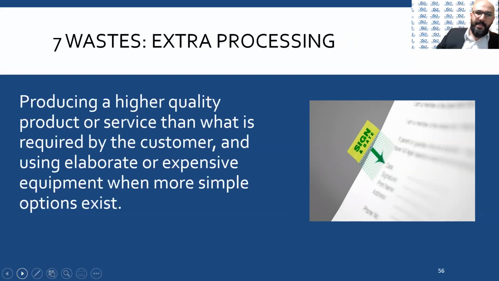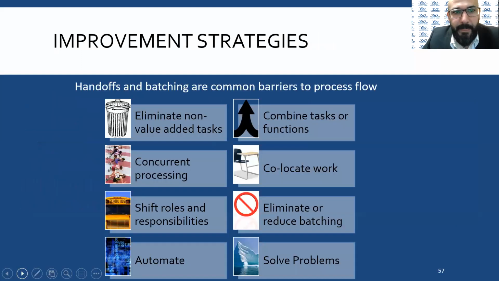But is this quality needed by the customer? Maybe the customer is not ready to pay for this. So we need to be honest here. Fancy equipment does not mean high quality. Fancy equipment does not mean that the customer will be happier. We need to be careful about how we invest in this.